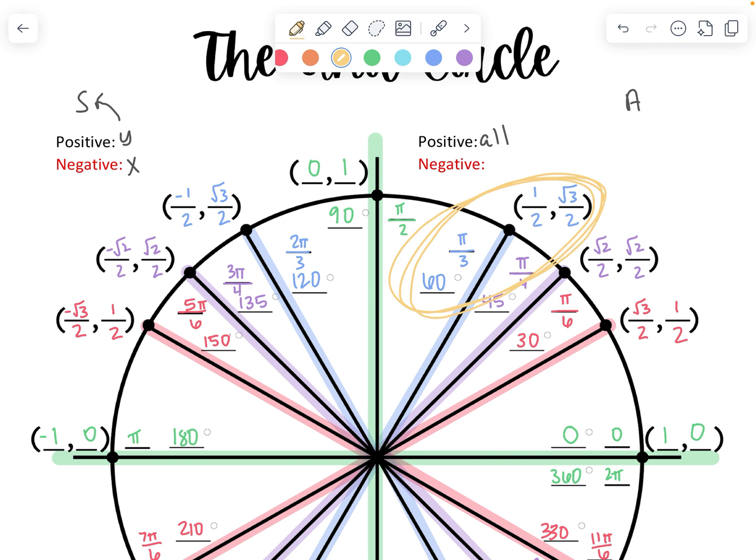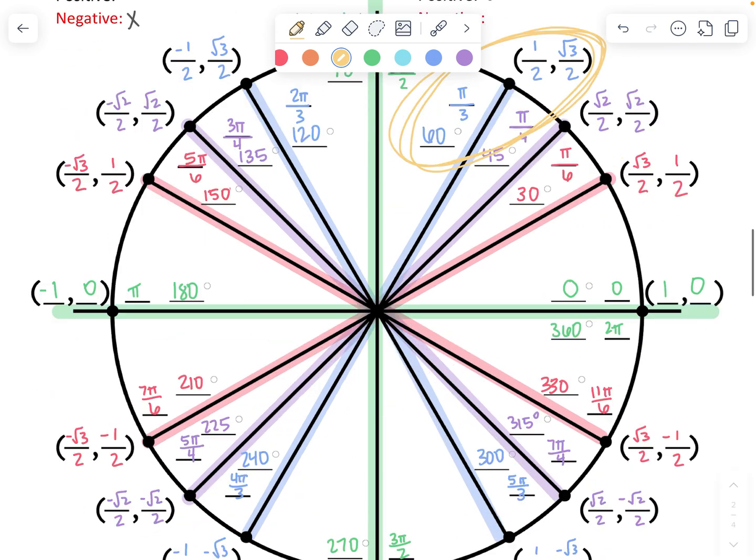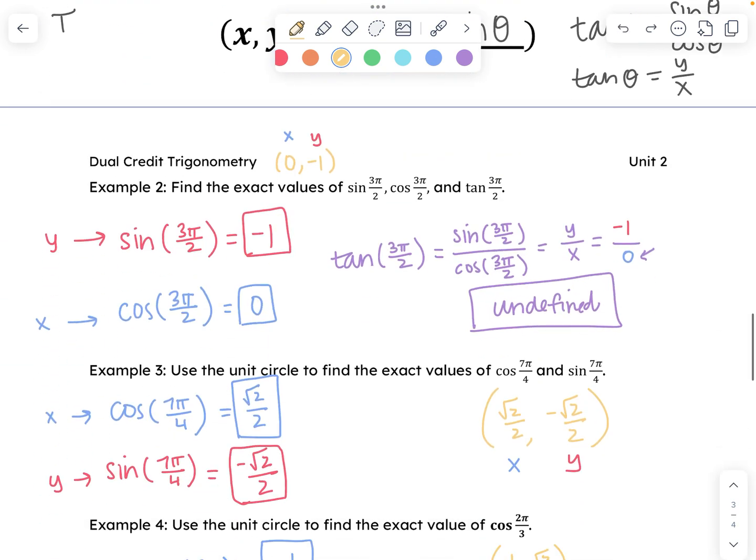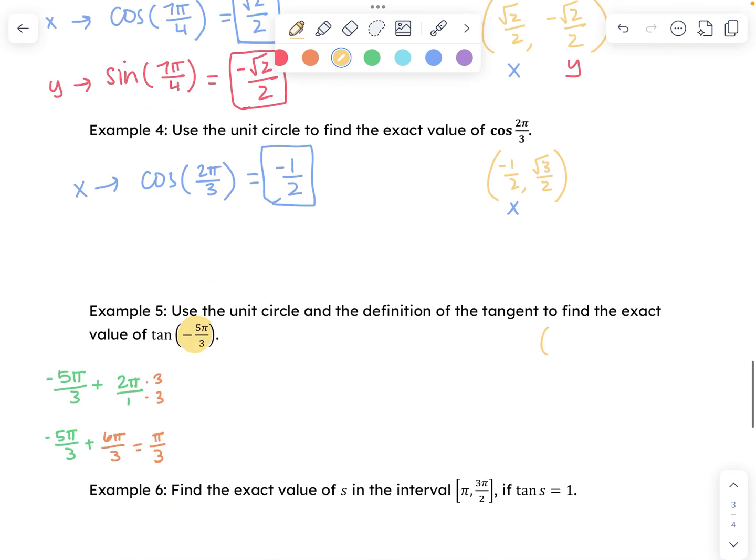So tangent is sine over cosine, or y over x. We've got 1/2 and then square root of 3 over 2. So let's figure out what that is. My tangent of negative 5 pi over 3 would be that y over that x. So the y is the square root of 3 over 2.